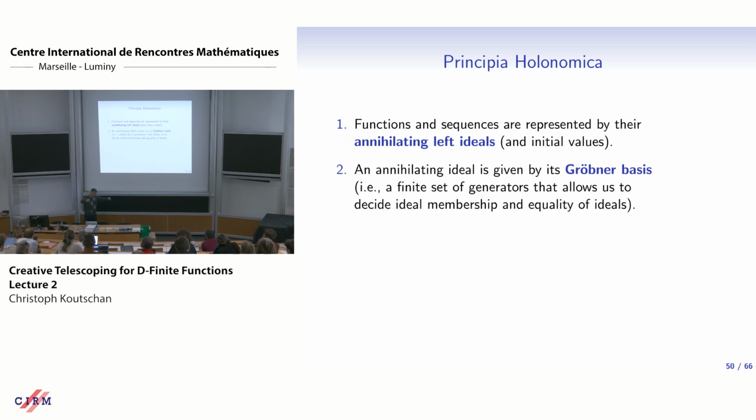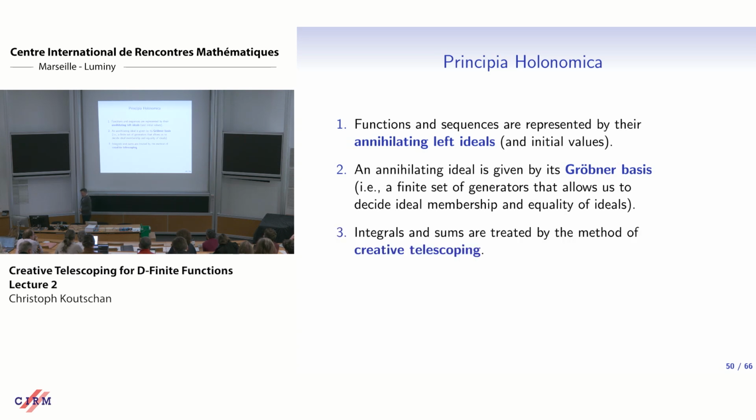Whenever we have an ideal, we automatically write it in a canonical way, namely by its reduced Gröbner basis, and then this makes many of our tasks much easier because, as you know, we can decide ideal membership, we can decide whether two ideals are the same, we can decide whether one ideal is contained in the other, and so on.